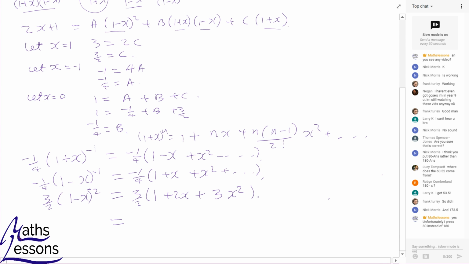I've got 3/2 times 3, so that's going to give me plus 9/2 x squared. So my final answer is 1 plus 3x, plus 9/2 take away a half, which is going to give me 8/2, which is just 4x squared. And we've now expanded that as far as the term in x squared.